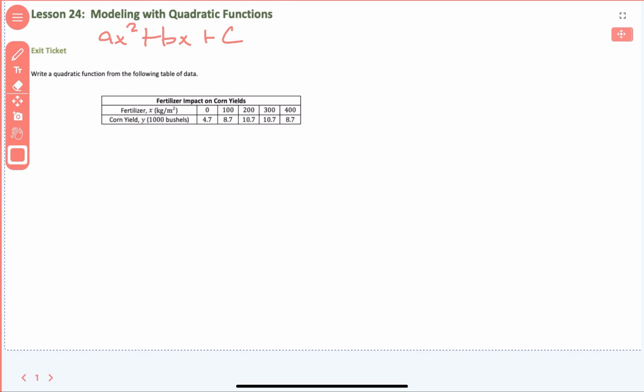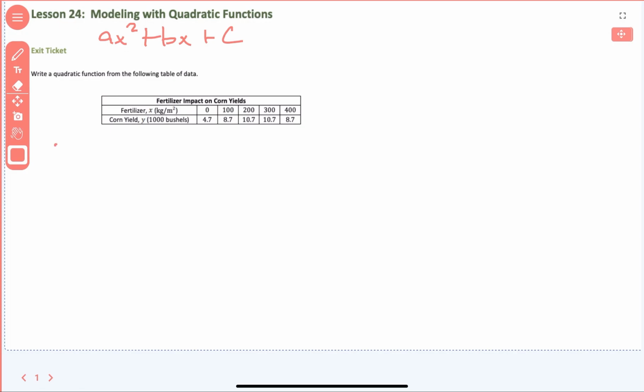So, what do we know about x's and y's? If our equation has x's, we plug in x's. If we have a y, that's what our equation is equal to, correct?